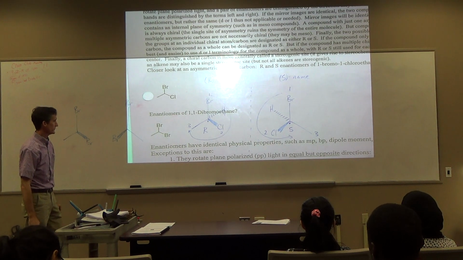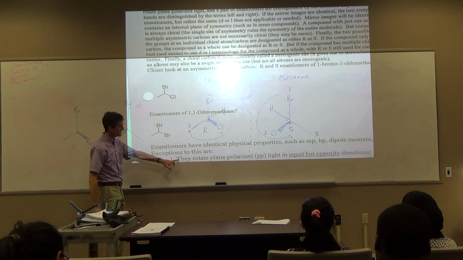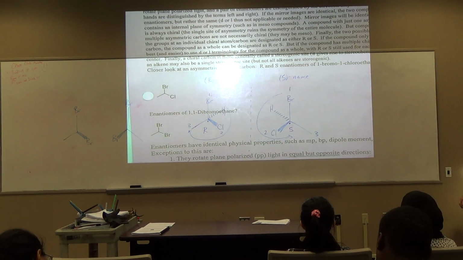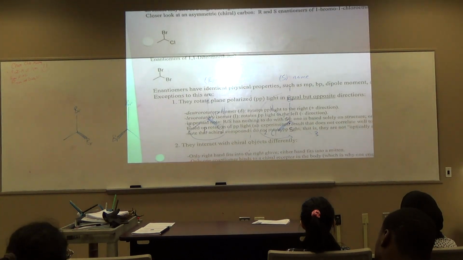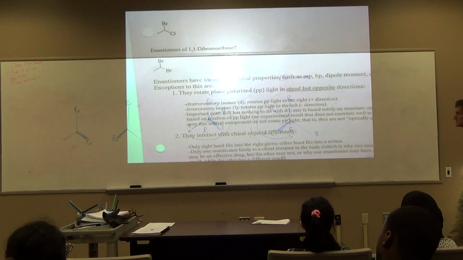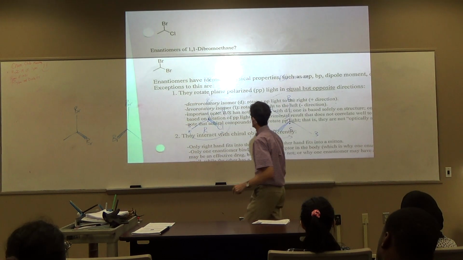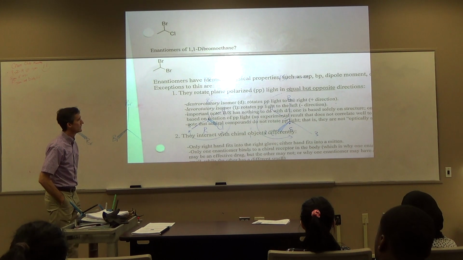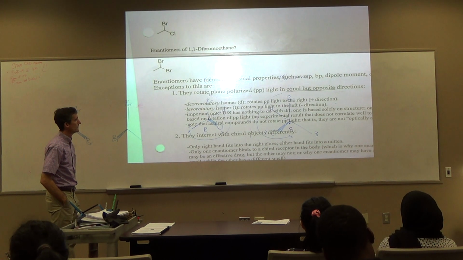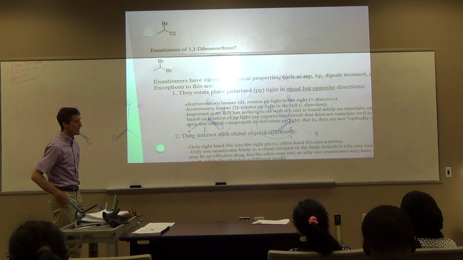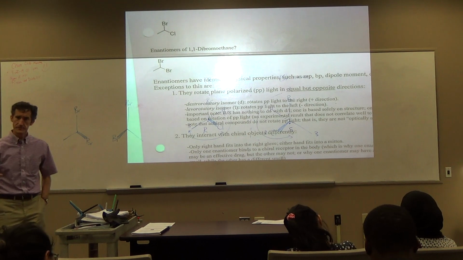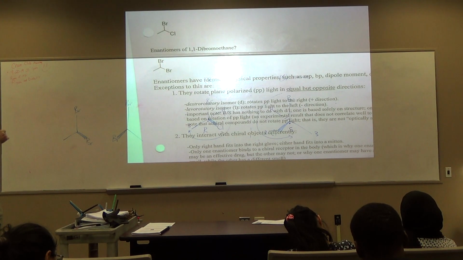So how do they differ? One is they rotate plane polarized light equal but opposite directions. That's because light is electromagnetic. Okay?